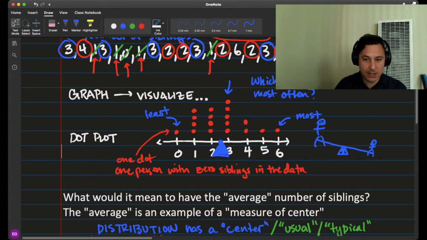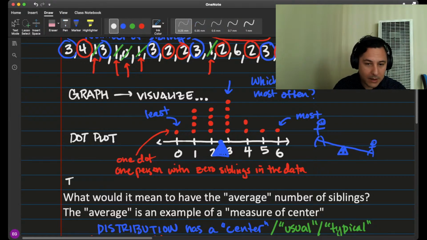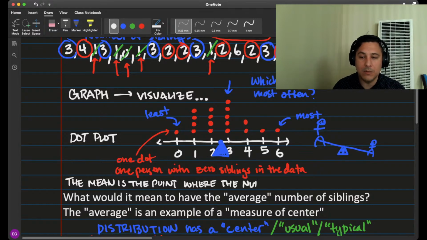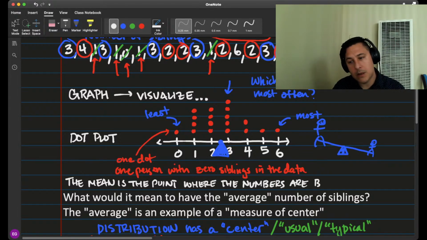So I'm trying to do that. I can't type that anywhere. I'm just going to write it. The mean is the point where the numbers as weights would need to be balanced. So does that make sense when I say like the numbers as weights?